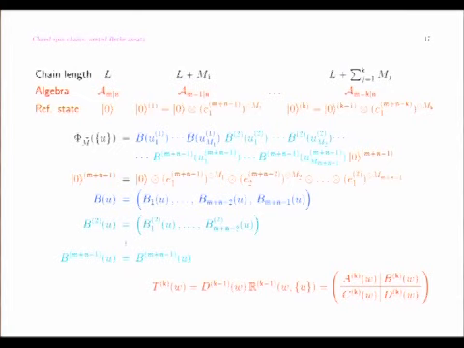At step K, you will have an algebra of this form, a chain which is longer, and a reference state which has more sites. And the Bethe vector will just be the product of these B operators coming from the first algebra, then from this algebra, and so on, up to the last ones, which are just in the lower corner of the starting matrix, and they act on this reference state.